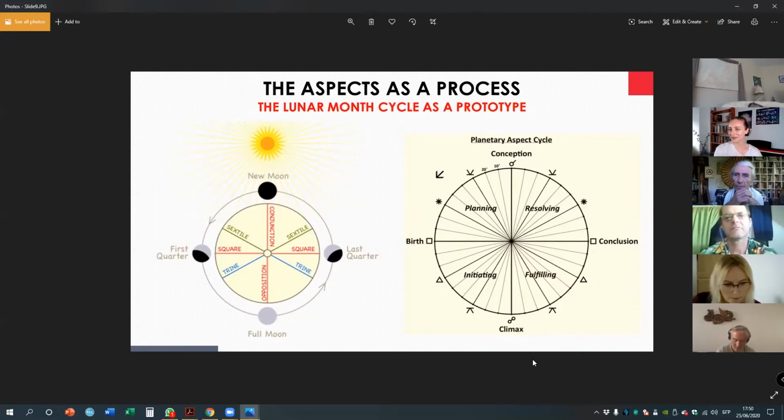Anyone wants to comment on how this can play out? Mars conjunct Venus in the chart. Anyone has that in their chart among you? Please unmute yourself if you want to. Yeah, we ran through this a little bit last time, but now I was hoping we can try to make it come alive with some examples.